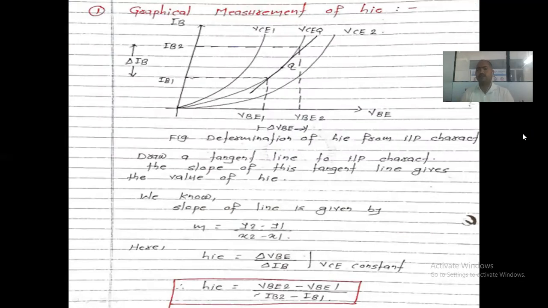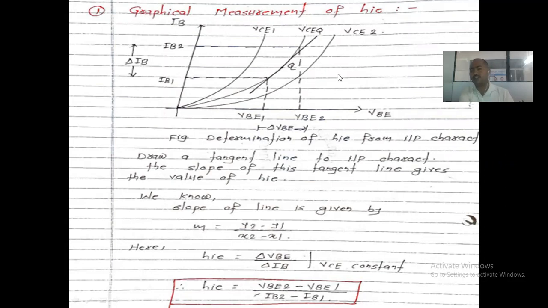We know that we calculate them by equation, but one of the other methods is the graphical way. We also calculate these four values HIE, HFE, HRE, and HOE. The E indicates that HI is the input impedance of the common emitter configuration, right? So this is also calculated by the graphical method.